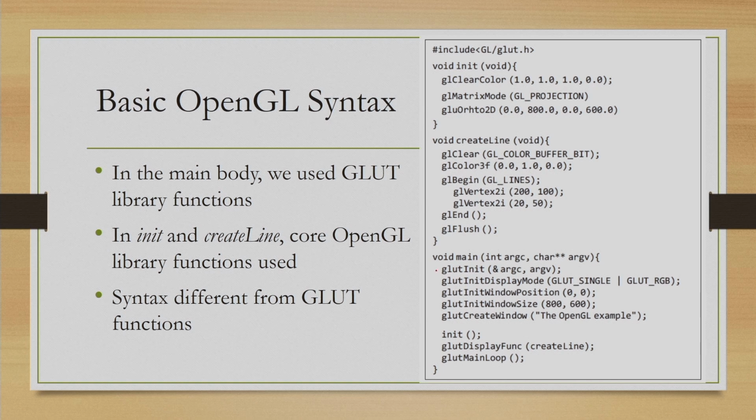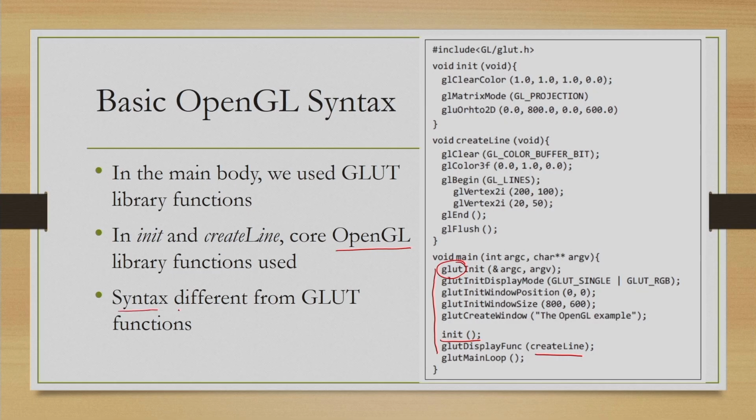Now, as we have noted, we explained all these functions that are there in main, and all these started with GLAD, indicating that they are GLAD library functions, except the two functions init and create line. In these two functions we used OpenGL library functions rather than GLAD library functions.